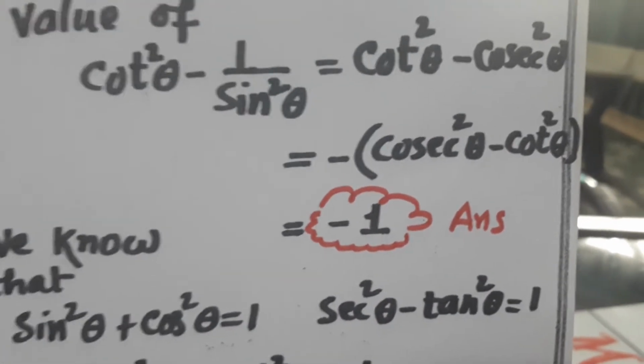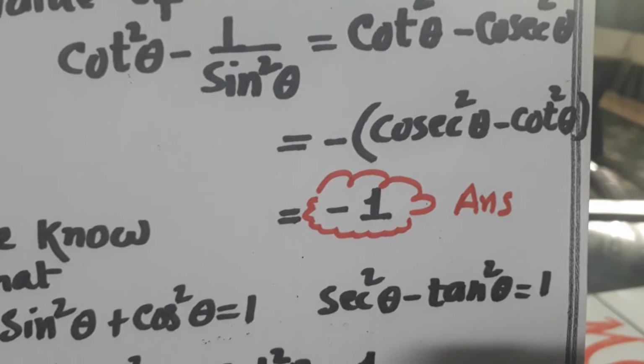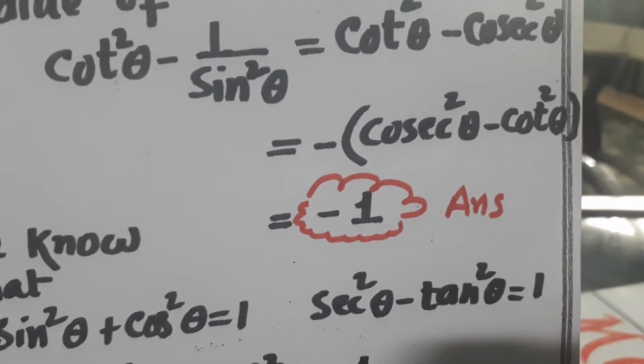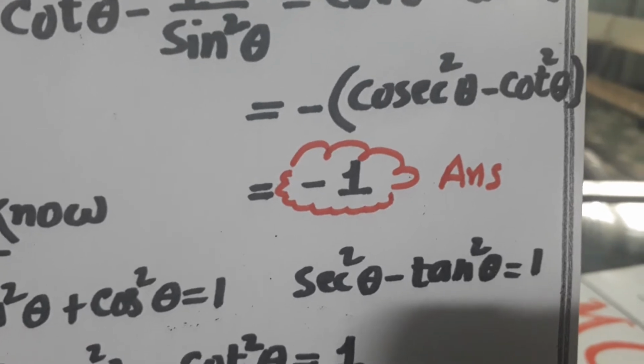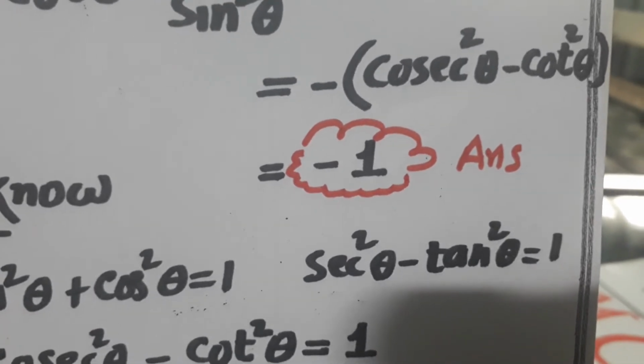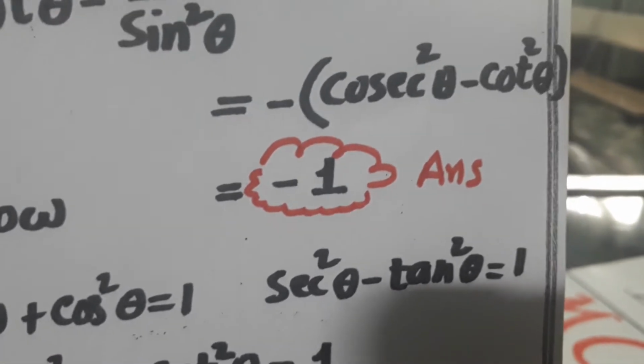So take minus common. It is minus (cosecant square theta minus cot square theta). That is 1. So it is minus 1. The result will be minus 1.